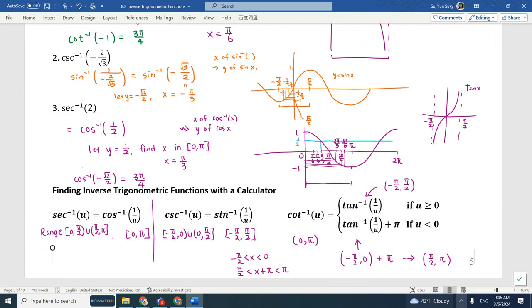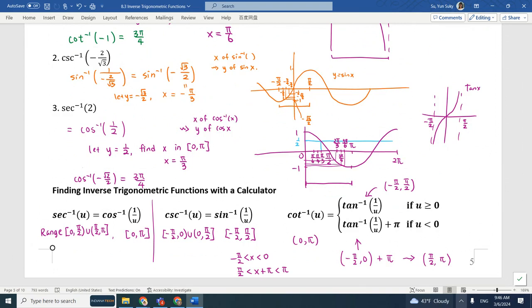So adding pi makes sure you have the angle ranging between pi over 2 and pi. Then this is in the range of the arc cotangent. So you need this trick when you use your calculator to compute the arc cotangent. You need to see whether the u is positive or negative, and then you decide the values. Is that clear, everybody?